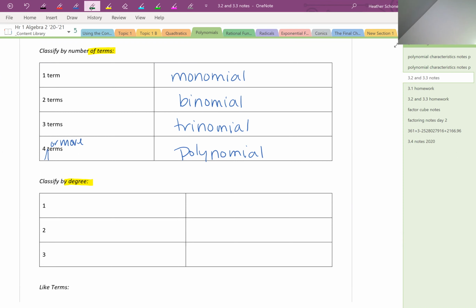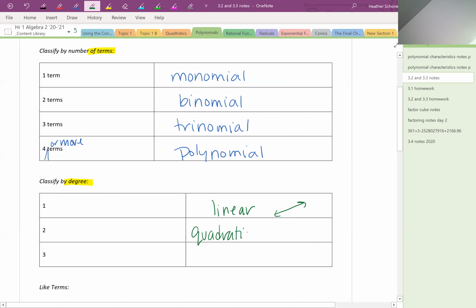Now, if we classify it by degree, and remember, degree is the highest exponent. If the highest degree is 1, it's linear. And when we graph a linear equation, we're going to get a line. If the degree is 2, that's what our entire last chapter was about. It's quadratic, and when we graph a quadratic, we're going to get a parabola.